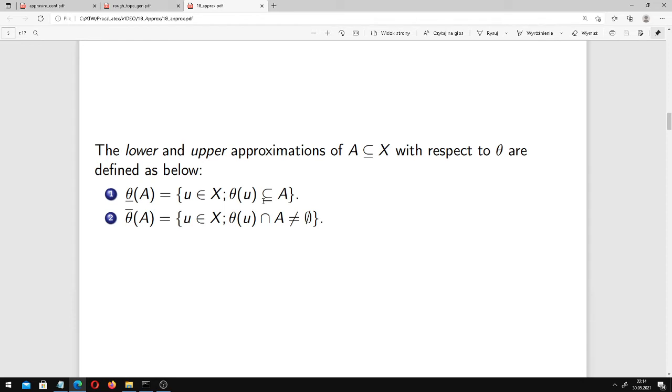This is the set of all those elements u such that theta of u is contained in A. And here we have the upper approximation. This is the set of all those elements for which their theta class has non-empty intersection with A.